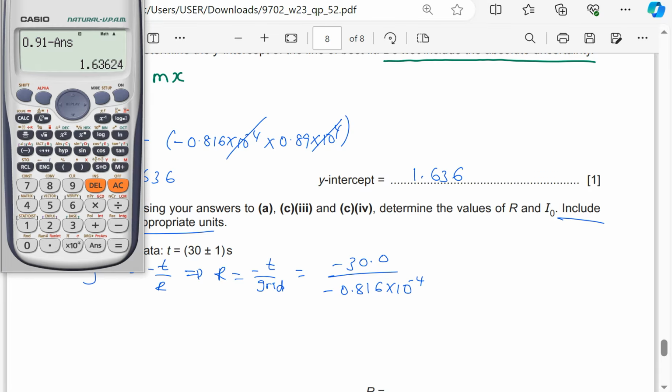Okay, so we have 30 divided by the gradient, which is 0.816 exponent minus 4.